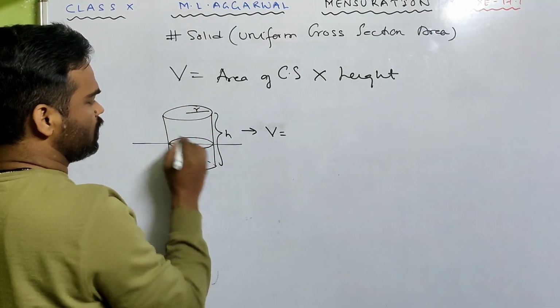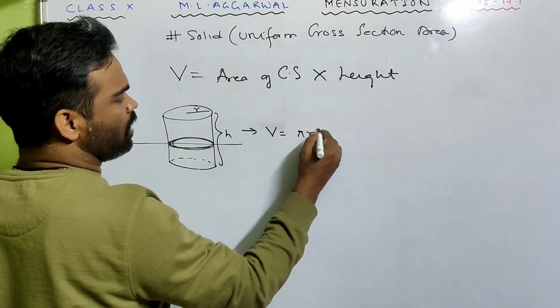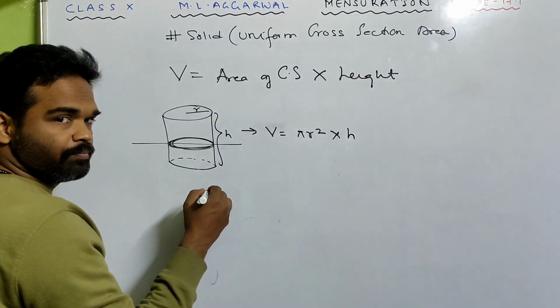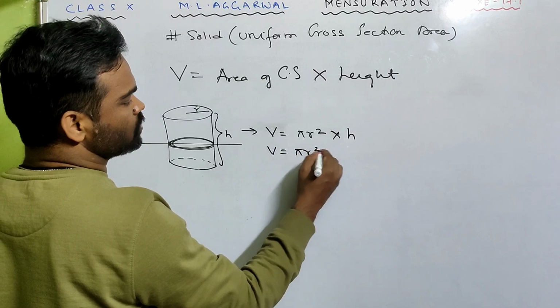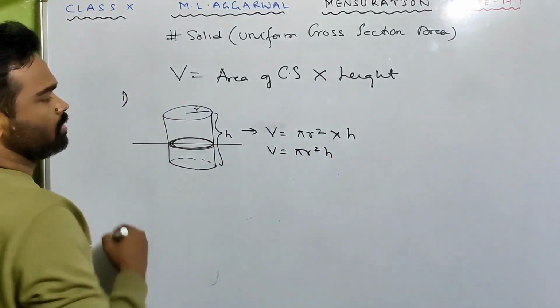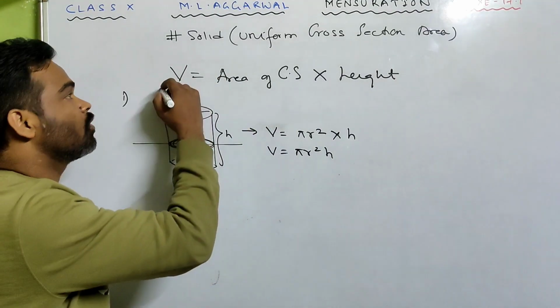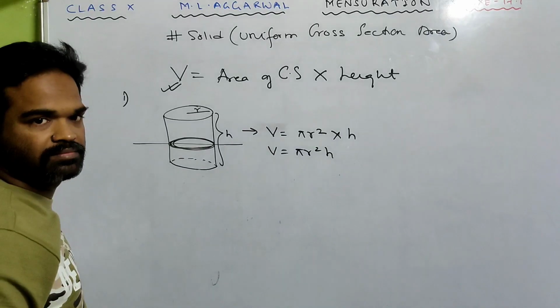So this is a circular region, isn't it? And area of this circular region will be what? Pi r square into height, which means volume of a cylinder is pi r square h. Is it clear or not? Area of cross section into height. This we can only use for solids which have uniform cross section area.